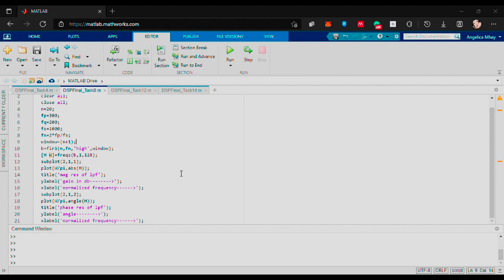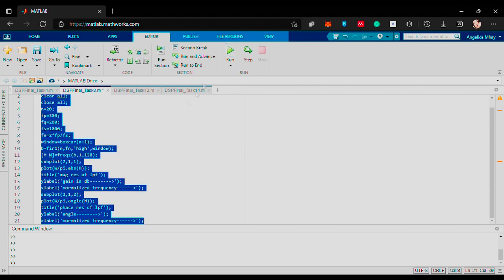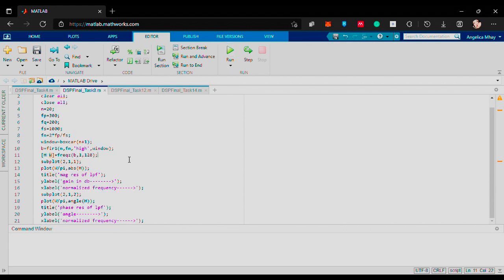Well, the Hanning window is one of the windowing functions for smoothing data. It is also known as the tapering function or apodization. So this is the code. This is where we're going to determine the window that we're actually using and process them. For the window, first the MATLAB command for the rectangular is boxcar, and then let's run it.